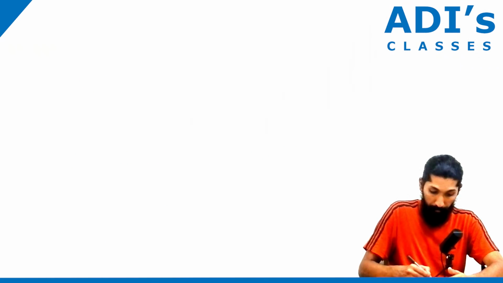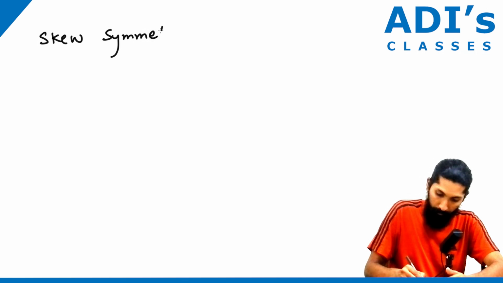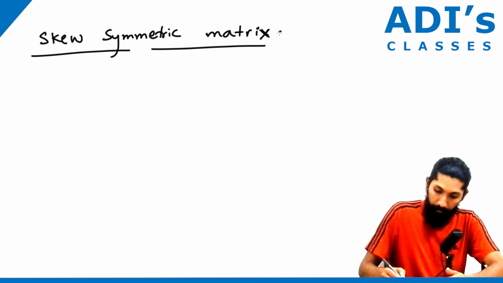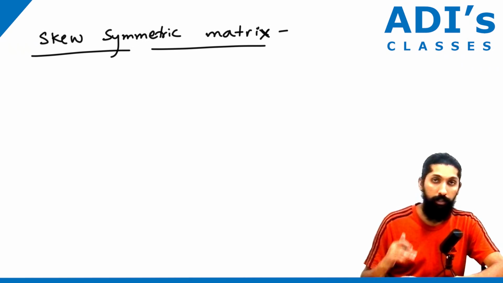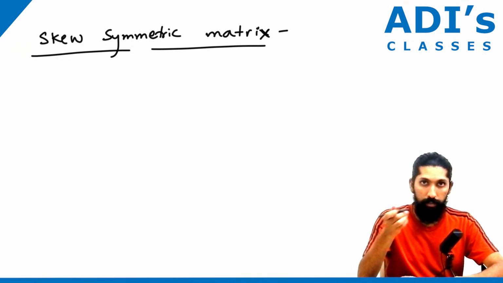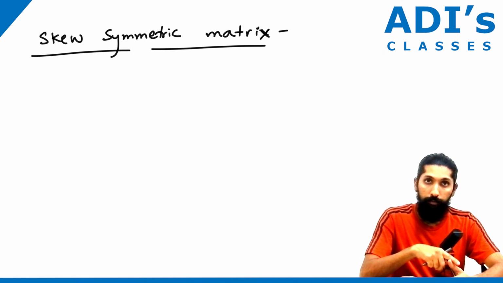So the next type is skew symmetric matrix. Now what do we mean by skew symmetric matrix? Here the matrix and the transpose of the matrix are negative of each other.